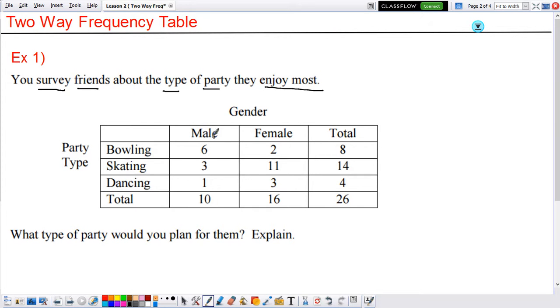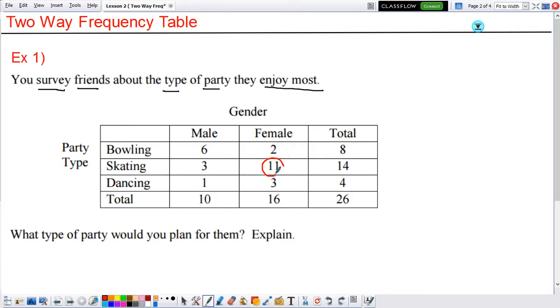So this means that there were two groups that were being asked. Here's the answers for all the males, the answers for all the females, and this is who answered bowling, skating, and dancing. So what this means is, if we look at this number 6, this means that there were 6 males who answered bowling as the party that they will enjoy the most.